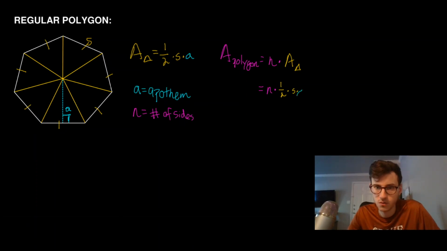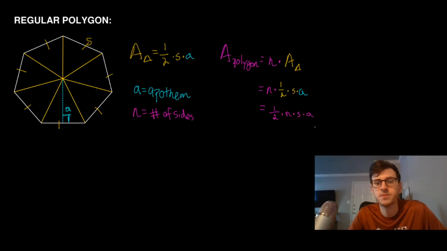Sure, we'll keep it colorful. Okay, I'm going to mix this up a little bit. I'm going to turn it all purple now. That's equal to 1/2 times n times the side length times the apothem.